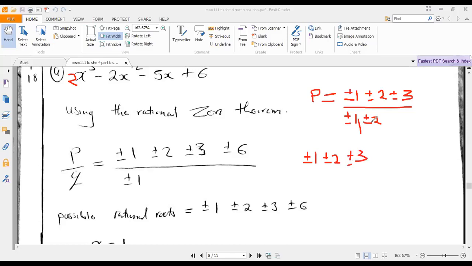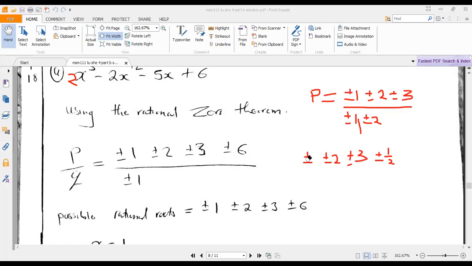Then you go to 2 now. 2 will give you plus or minus 1 over 2. Have you gotten the concept now? You have gotten it? Yes, wonderful. Yes, go on.